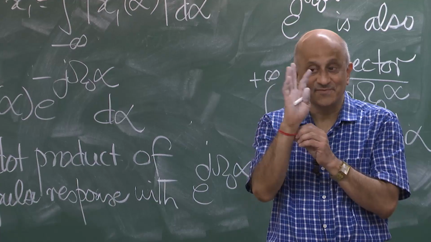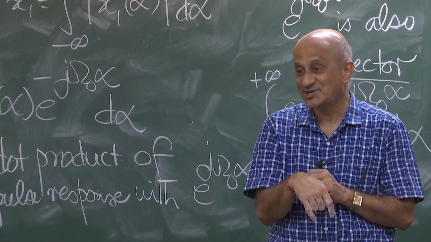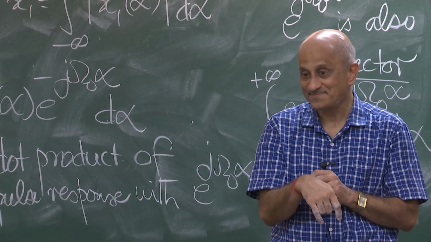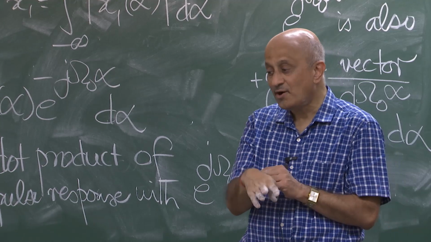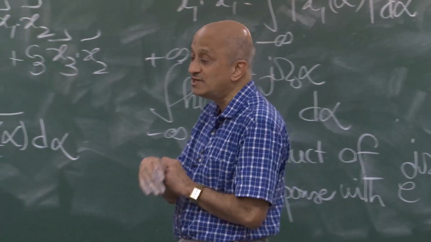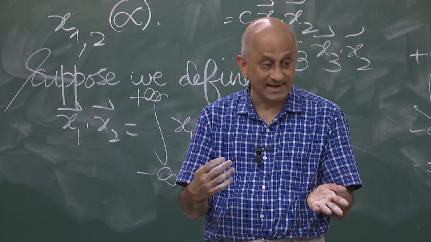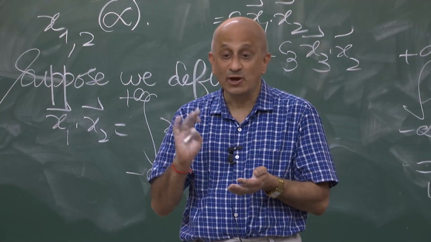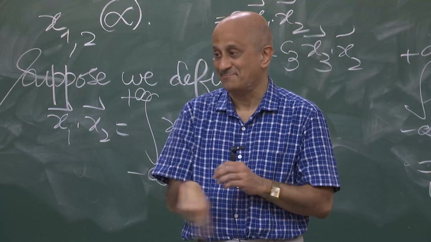So, you can think of this in terms of your high school understanding of forces and the action of forces, right. The impulse response acts upon a complex exponential only to multiply the complex exponential by a constant, and that constant also has a very simple interpretation. That constant is the dot product of the impulse response with that rotating complex.